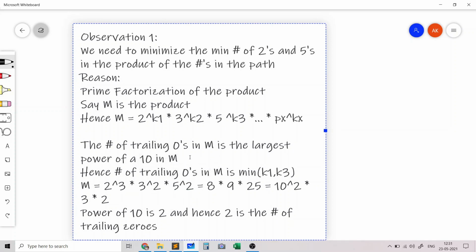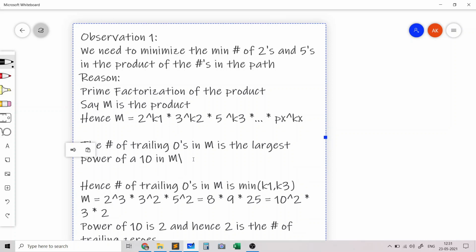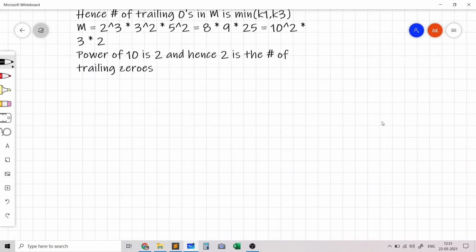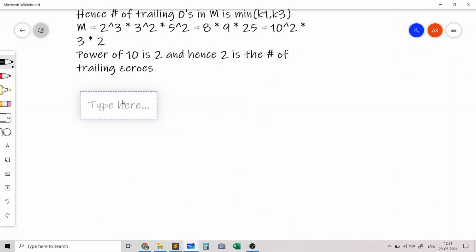So from this example you should be able to figure out that actually, the number of trailing zeros in the product is the minimum of the power of 2 and the power of 5. So based on this observation, the problem reduces to the following.